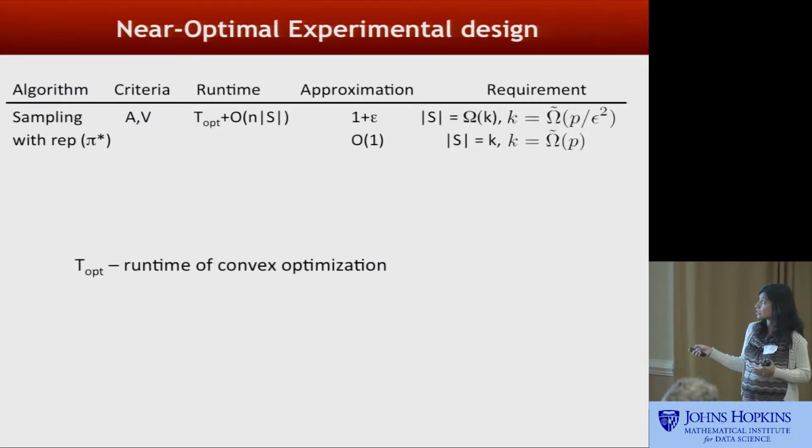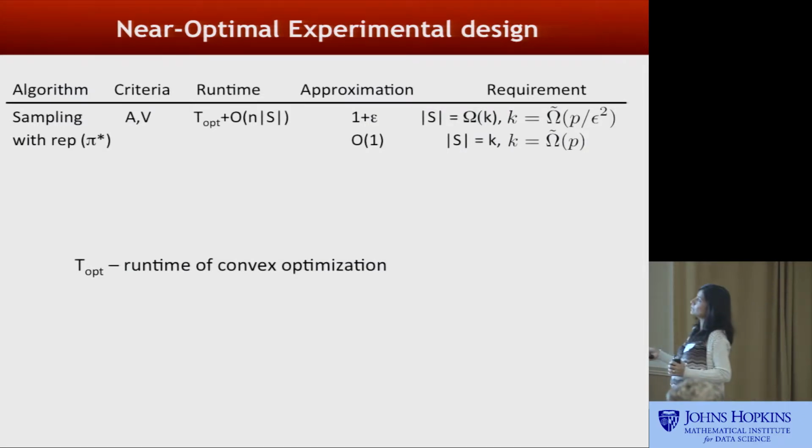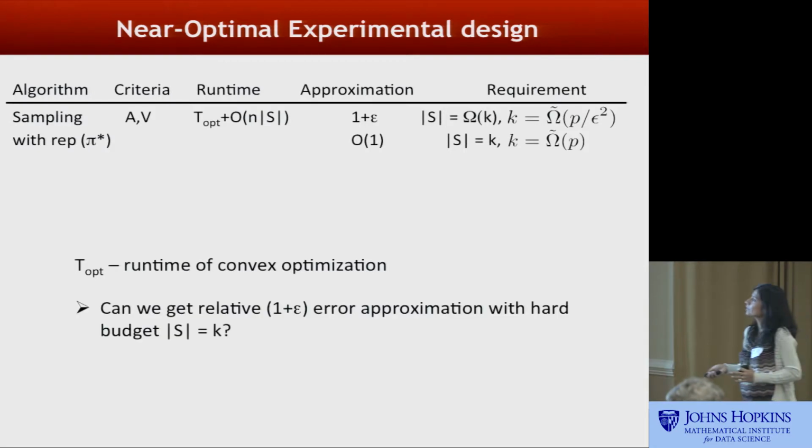If I want a hard constraint, if k is my budget and I should not exceed it at all, I want to pick exactly k rows, not order k rows, then it turns out your guarantees are a little bit worse. You need k to be order p, but you only get an order 1 approximation.